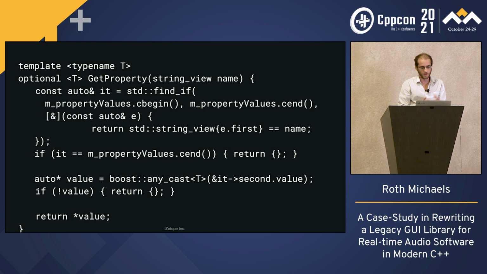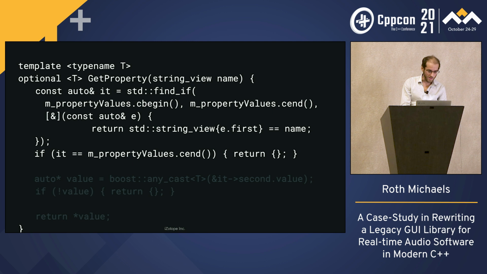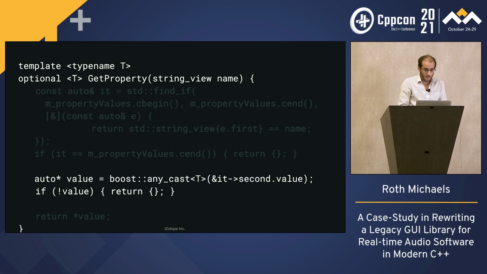So just how that looks, an example from Git. If you look at the top part of it, the first thing we do is we look through all our map of property values and say, okay, is there anything that matches this name? If we can't find it, then we just return null op because, oh, this property doesn't exist. You must have made a mistake. Then we see, okay, we found a property. Let's see if we can use anycast.